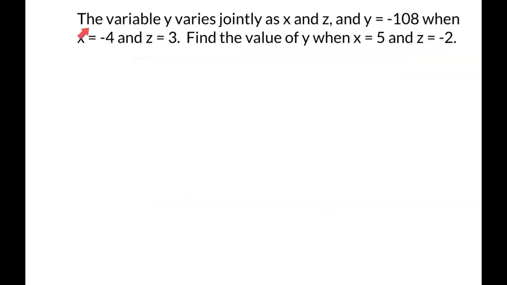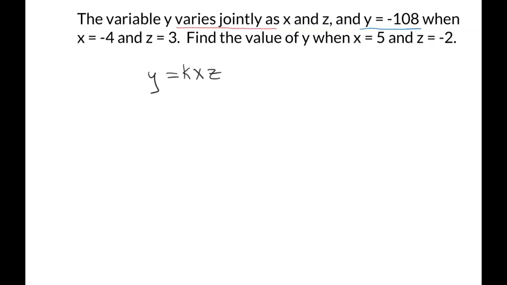In this problem, it says the variable y varies jointly as x and z. So right away, when I see varies jointly as, I can translate this as y equals k times x and z. So I'm given a complete set.